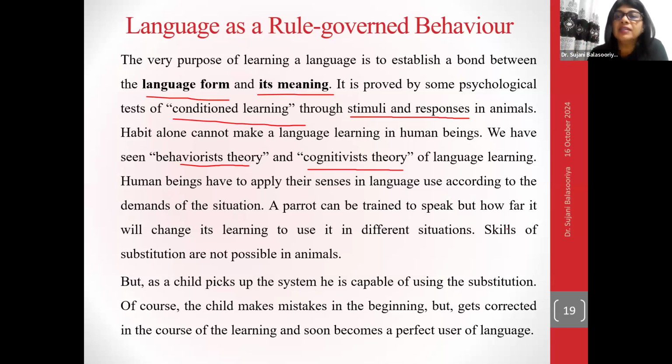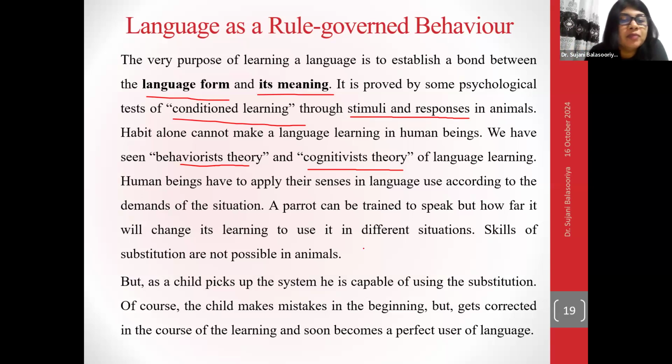Depending on that, language learning is decided by the capacity of humans to think and to act accordingly, and also according to the intelligence level. That is a very basic idea, but there is a lot discussed in cognitivism. So there are different perspectives presented about language learning.